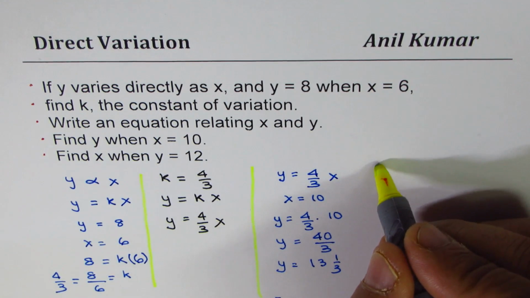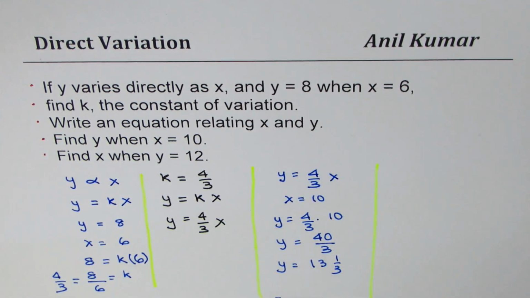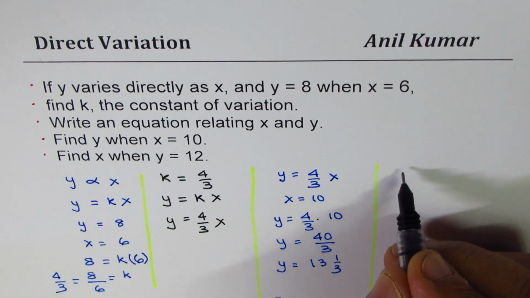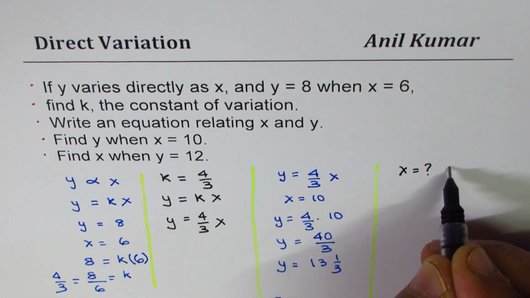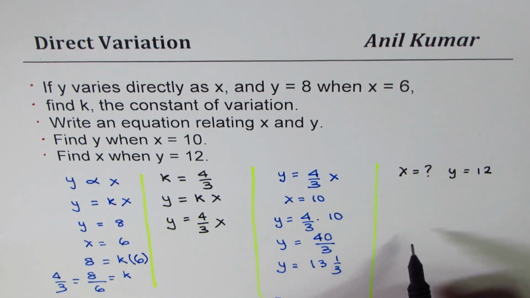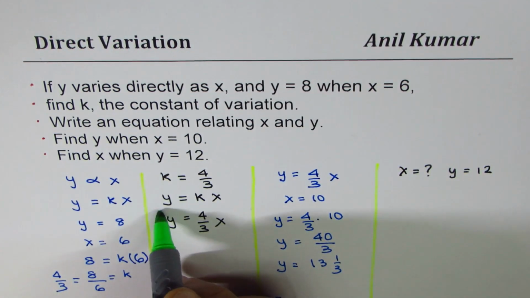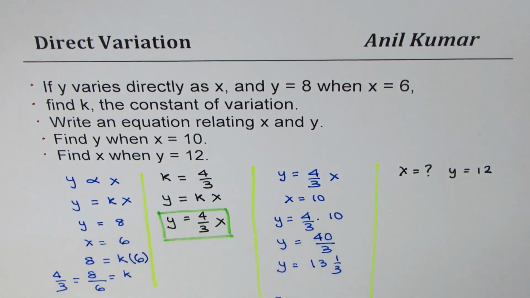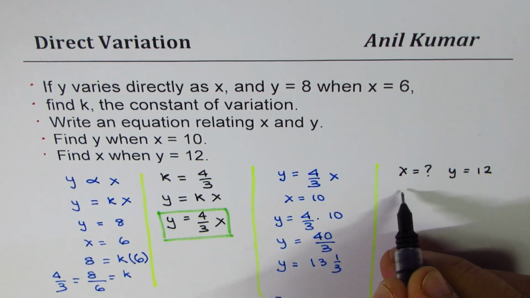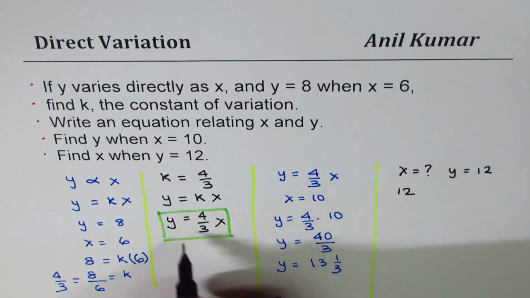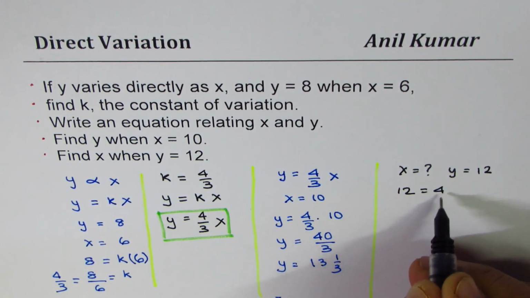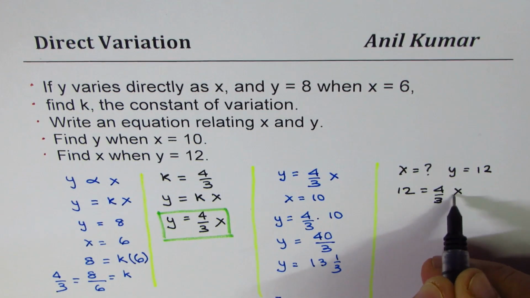Let's do the last part, which is, you are given the y value this time, and you have to find what x is. So we have to find what x is, and we are given y equals 12. Use the same equation which we came up with. That is the main equation to work with. So we can write 12 for y equals 4 over 3 times x.